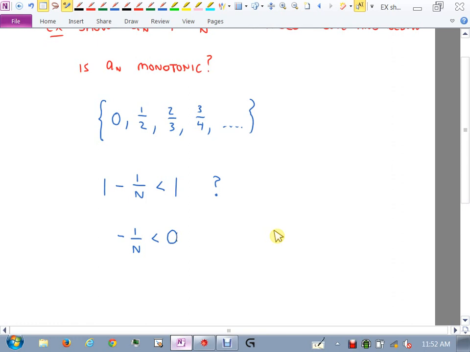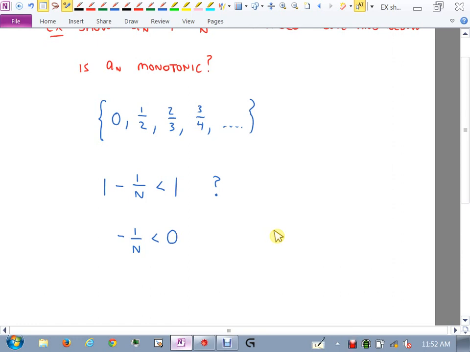If n was negative, then this would be positive. But why can't n be negative? It can't, right? We always started at 1. I didn't say it was somewhere else, so since I didn't say where it started, we assumed it was 1. So I can conclude that this is true, that the left side is always negative.